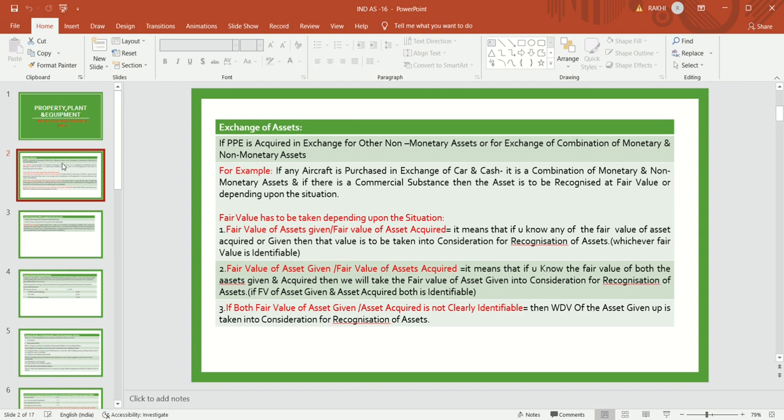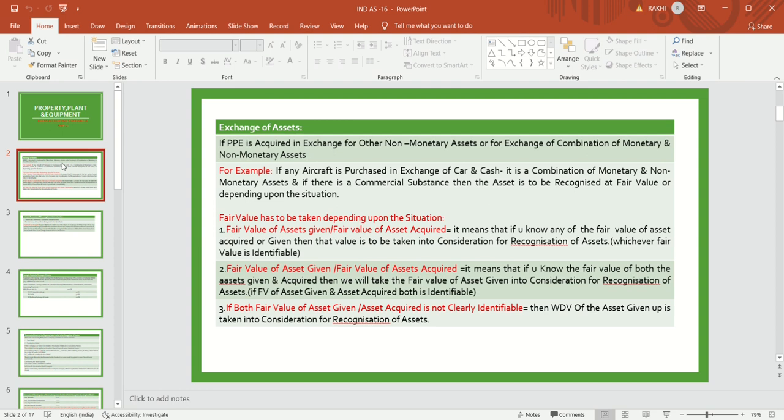If the fair value of the asset given is identifiable, then you will take that for recognition of the asset. And if you know the fair value of the asset acquired, then take that value for recognition purposes.